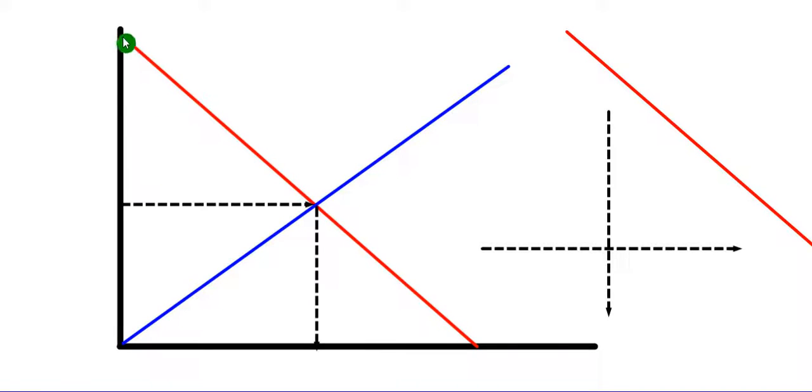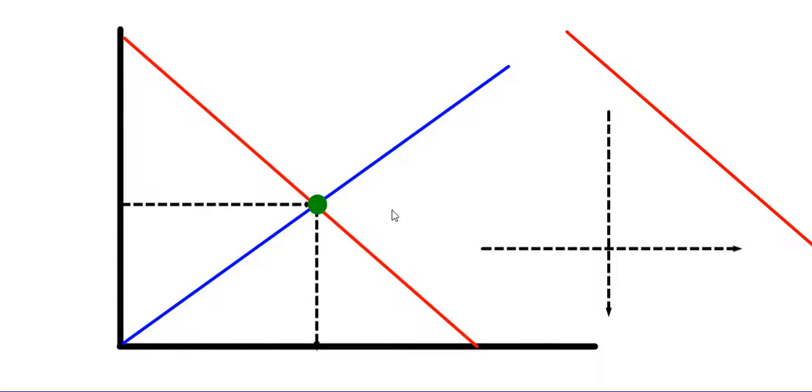for a consumer's surplus is the area below the demand curve and above the price line. And then the producer surplus is the area above the supply, or actually the marginal cost curve.